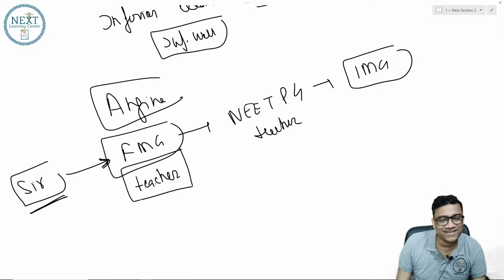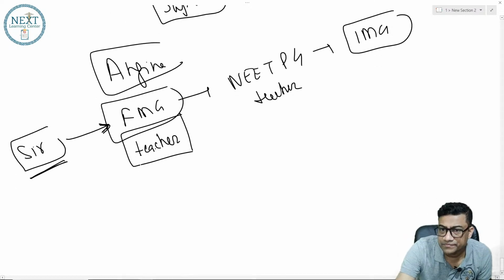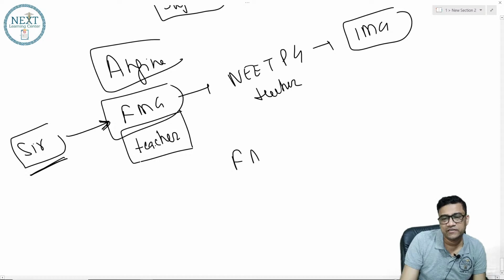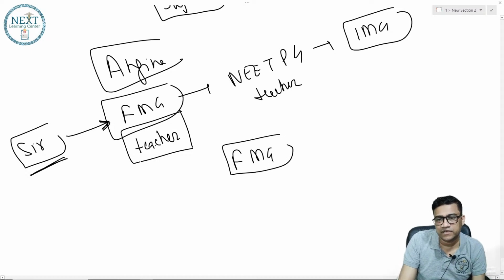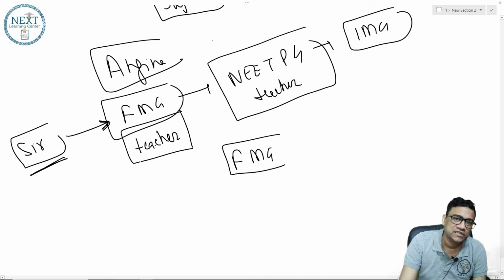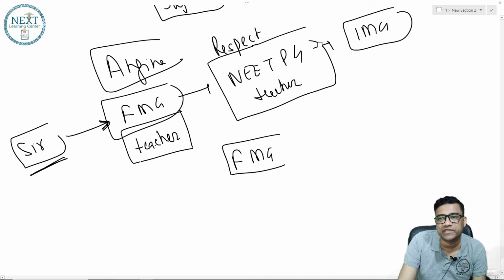So question is, if FMG, let's say some FMG develop, yes, I'm telling you, okay, most FMG respect only NEET PG teachers. They respect. And अभी recently I heard कि sir why should we join NLC? our juniors are saying कि आशीष सर तो फ्री में दे ही देंगे, तो फिर NLC ज्वाइन क्यों करना? So that is what the feeling they have. It's good feeling कि at least they think कि I am available for free.